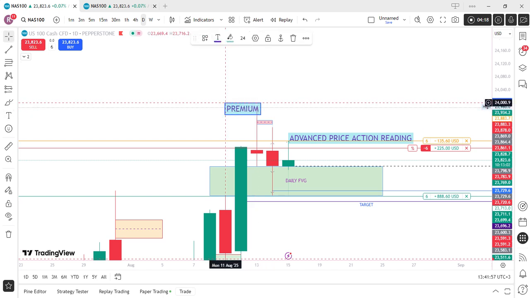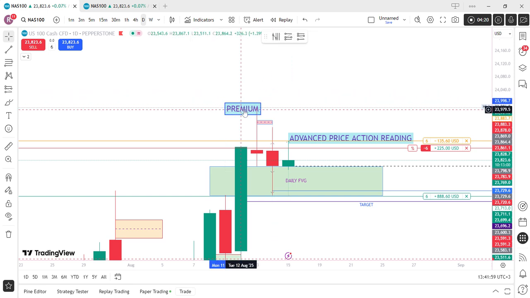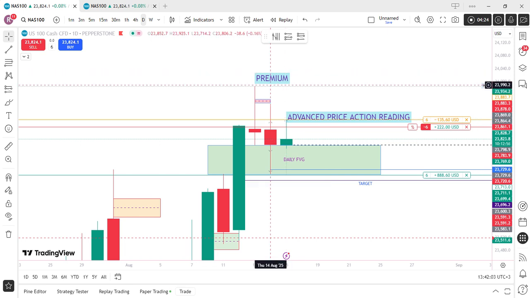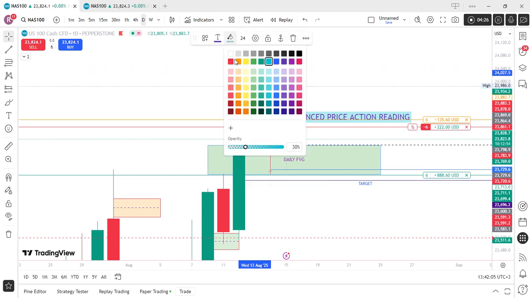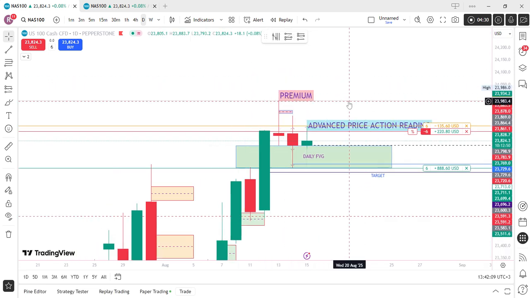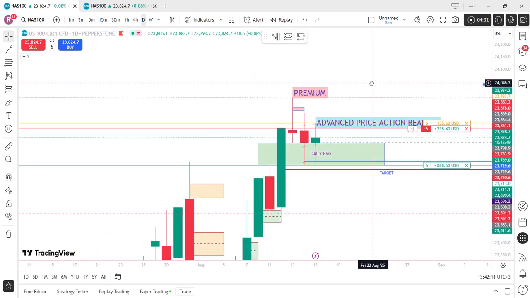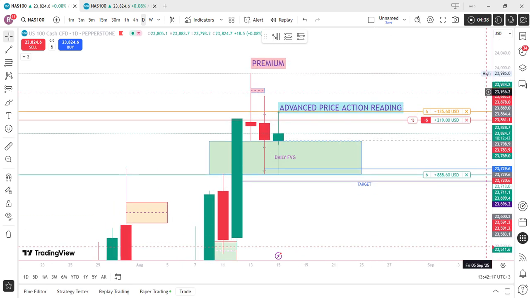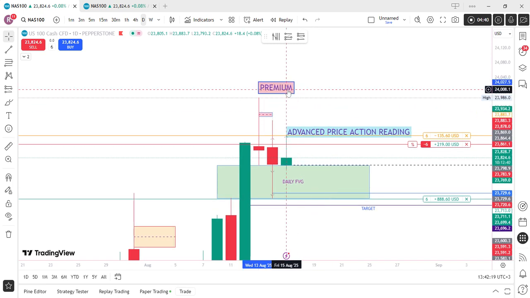In other terms, some people call it oversold. Okay, we are on premium. So once we are on premium, we look for sales, and on discounts we look for buys. And at equilibrium, depending on the market structure, that's where we look for what to do. Maybe these terms are new to you. Maybe you're wondering what is equilibrium, premium.